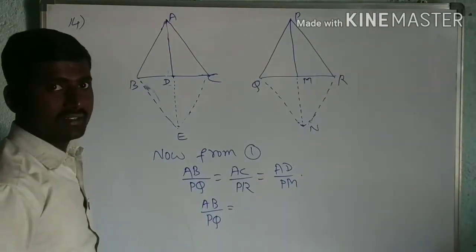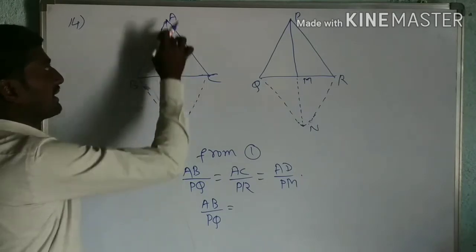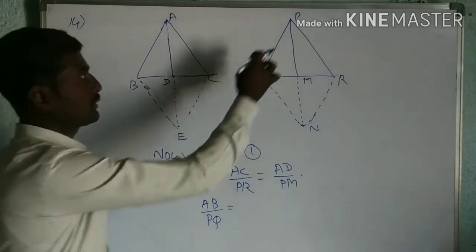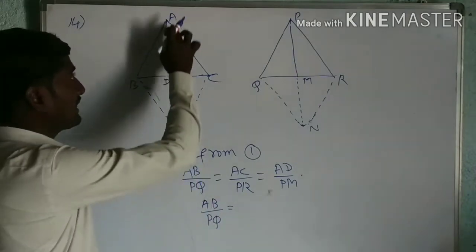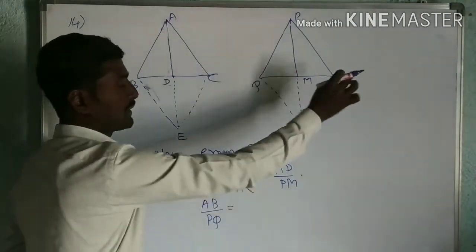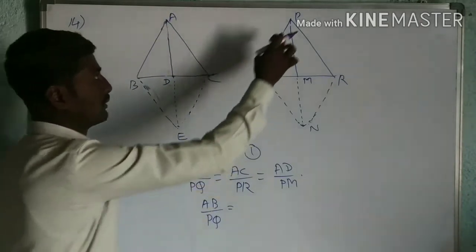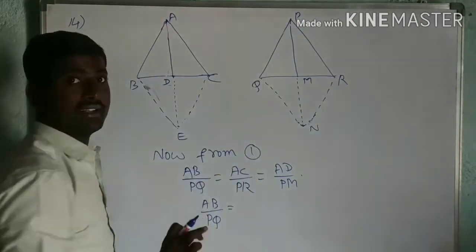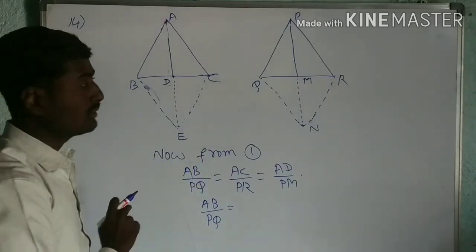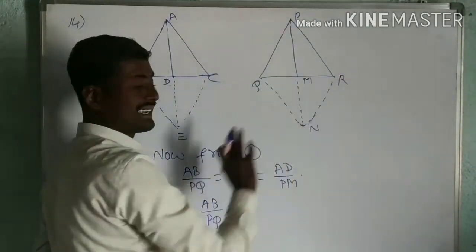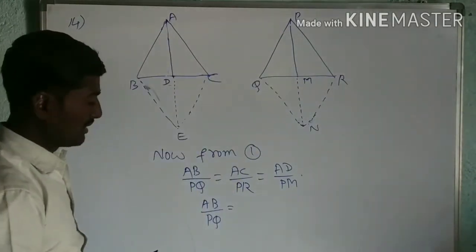For that, I have to prove triangle ABE similar to PQN. Before showing triangle ABC similar to triangle PQR, I have to prove triangle ABE similar to triangle PQN. Similarly, then I can prove ACE similar to triangle PRN. First, I have to prove these two triangles are similar.